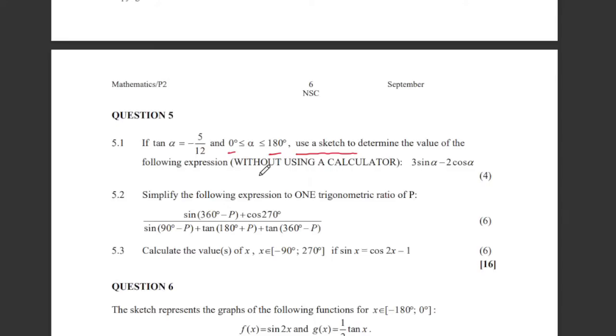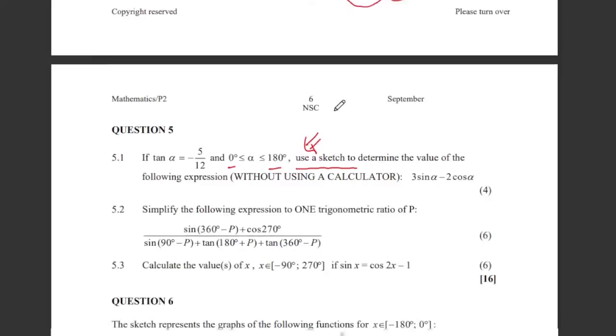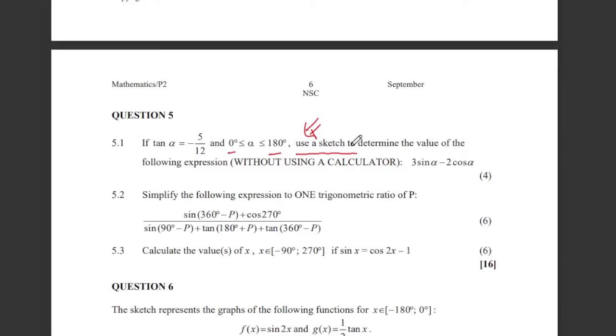Number one, this is scenario number one. And then the other scenario is where they give you, let's say, probably tan 25 is equal to m, and then they ask you to give the following in terms of m. Even this kind of scenario, you'll need a sketch. But the sketch of this one is just any type of sketch.